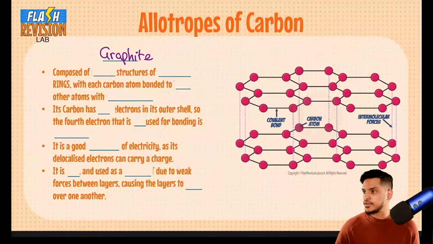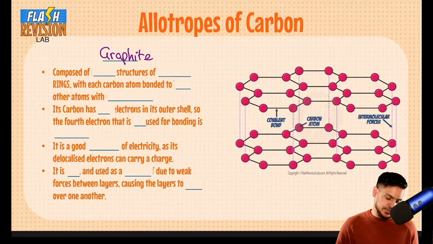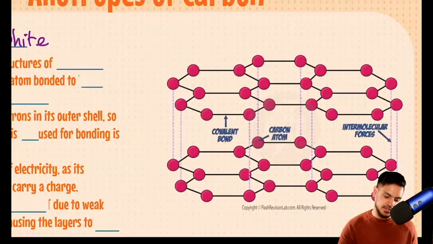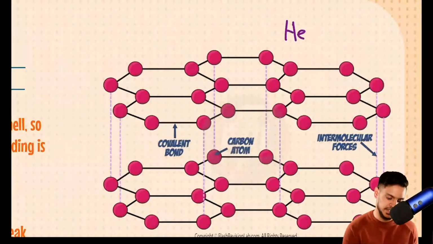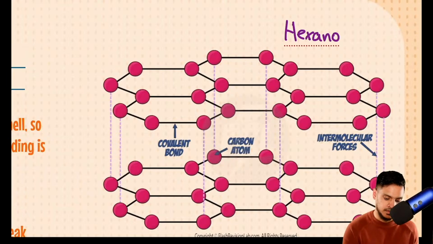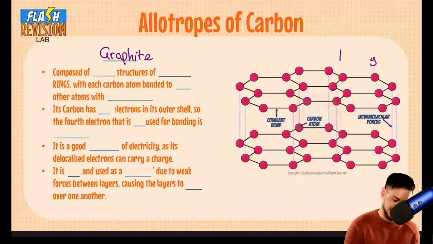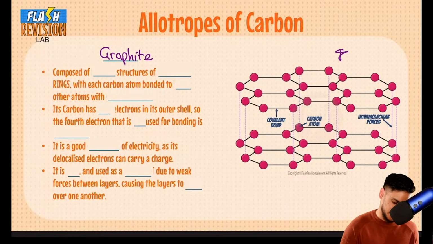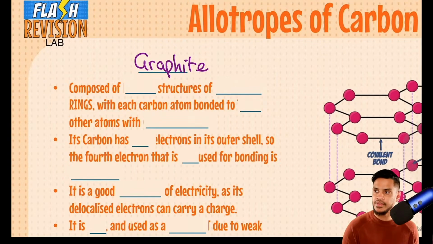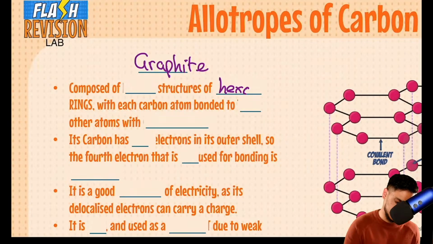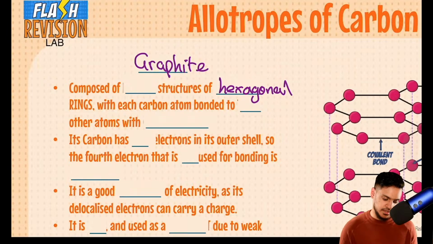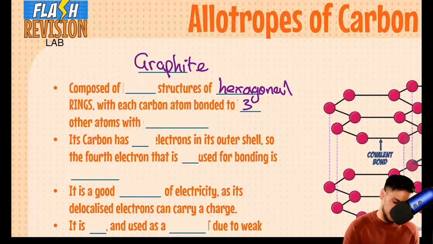Okay, so the next one is called graphite. What's the difference? Can you see the structure here? It's a hexagonal structure, and it's not just normal hexagonal. It's composed of layers of hexagonal rings, each carbon bonded to 3 other carbons.